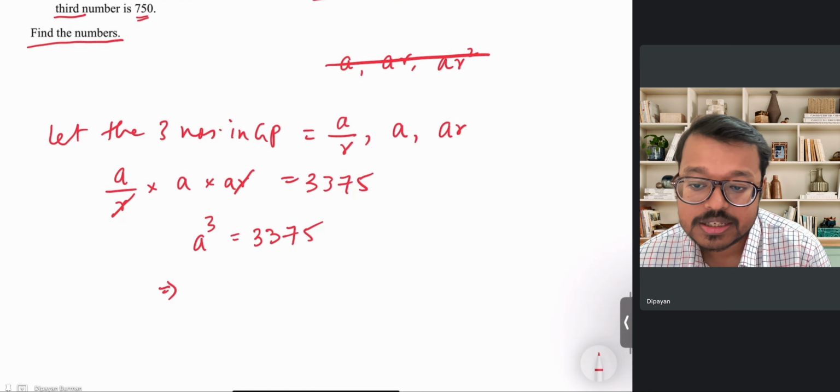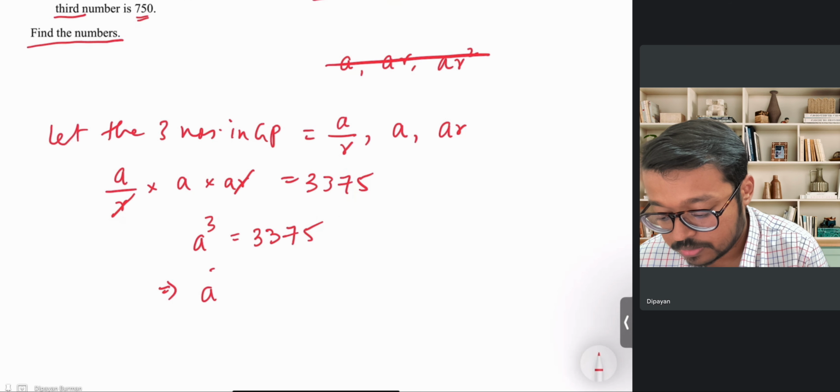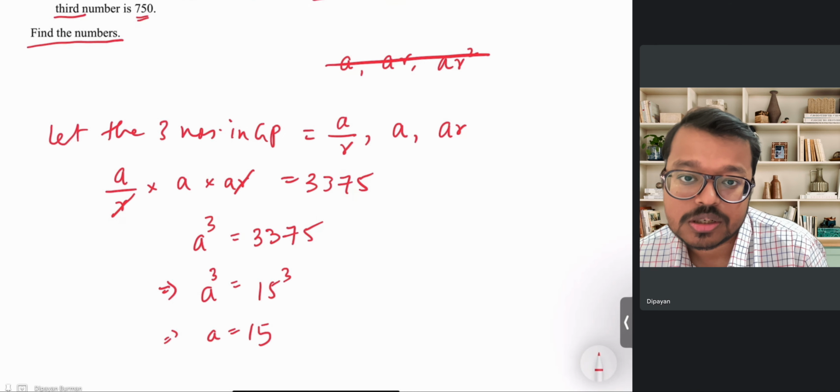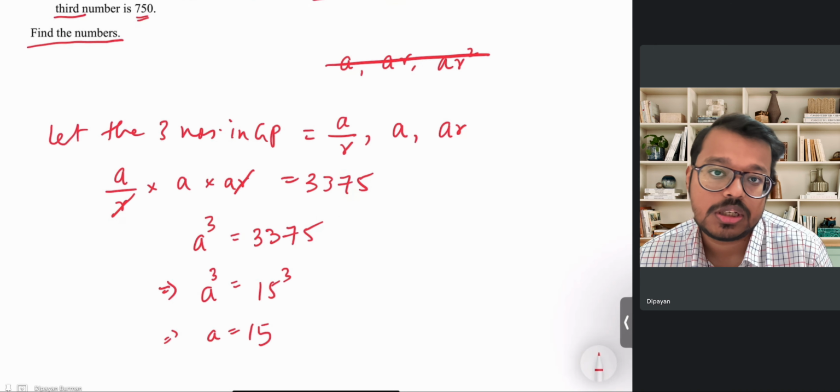If you factorize 3375, you will find that it is actually 15 cube. So A cube is 15 cube. Taking the cube root, we get A equal to 15. Now 15 is not the first term, it's the second term actually. We still need to find the value of R.